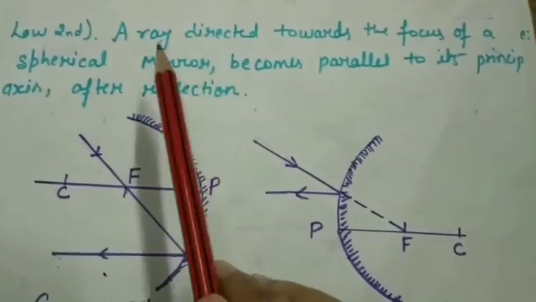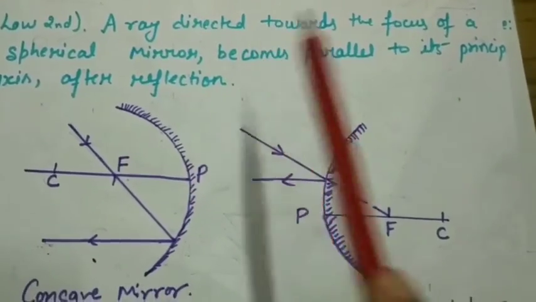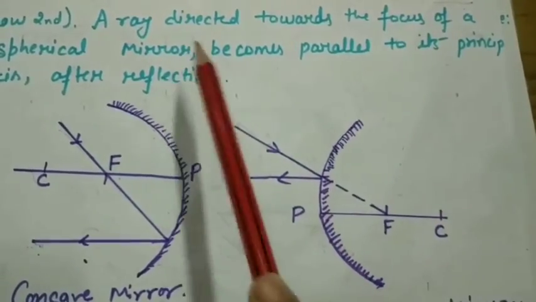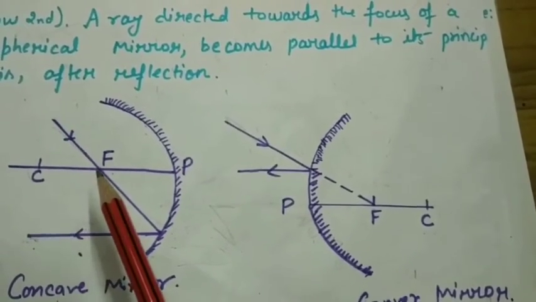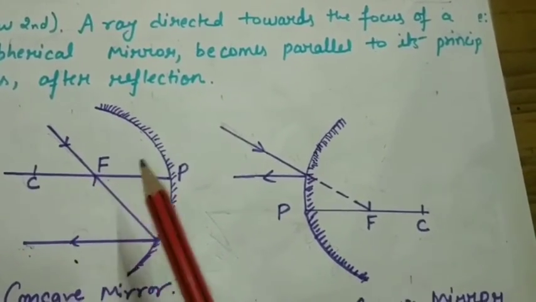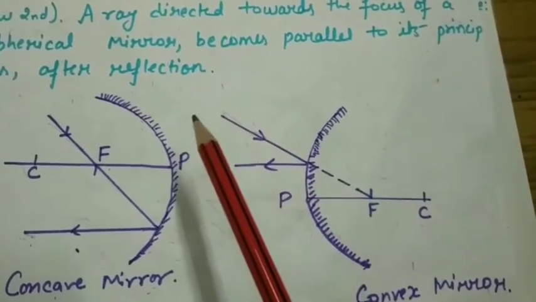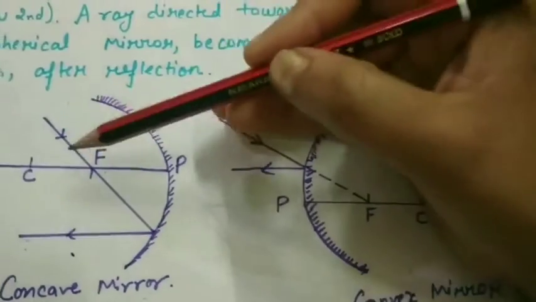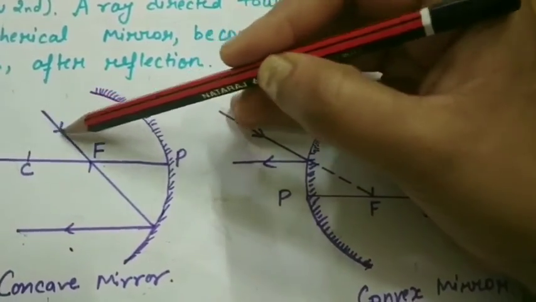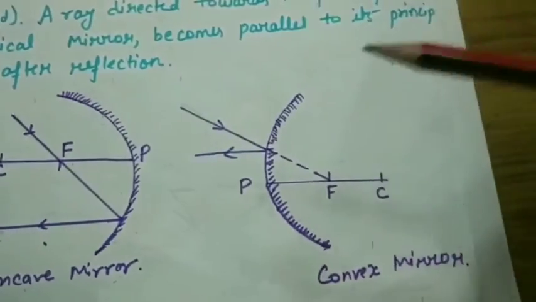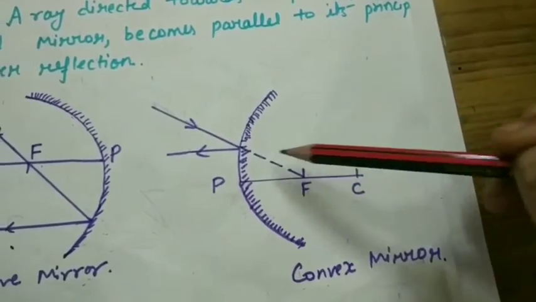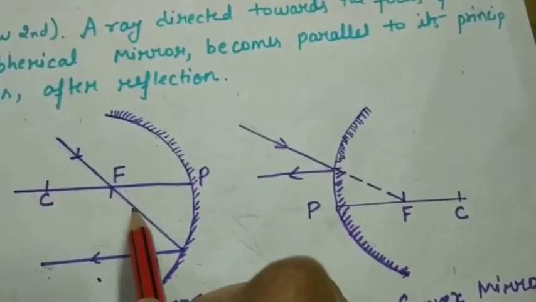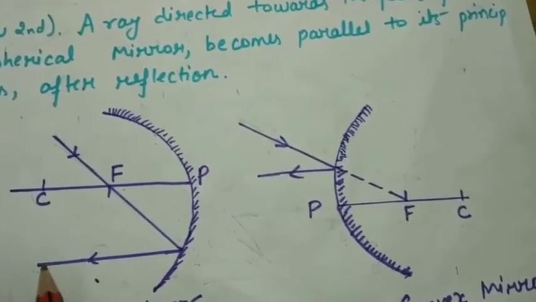The second law says that a ray directed towards the focus of a spherical mirror becomes parallel to its principal axis after reflection. If there is a ray incident going towards the focus, after reflection it will be parallel to the principal axis.